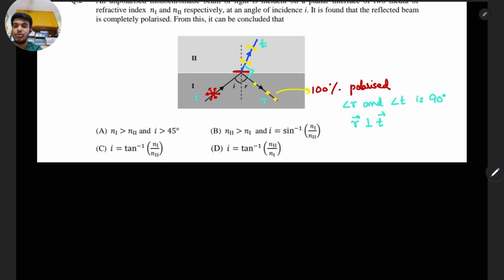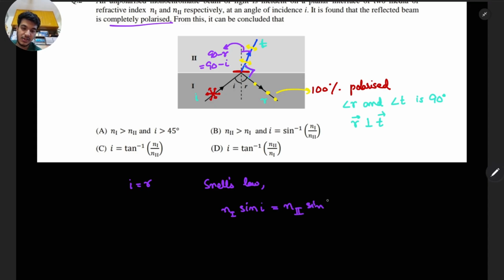Now we just need to look at the geometry, and this is now a question of geometry. See, this is I, this is R. We know by the law of reflection, I equals R, and if this is R, this has to be 90 minus R, because since it is completely polarized, this angle is 90, which is equal to 90 minus I. So by Snell's law, we have n1 sin I equal to n2 sin(90 minus I), because this is the refracted or transmitted ray, whatever you like to call it.